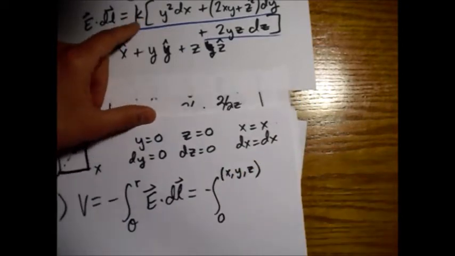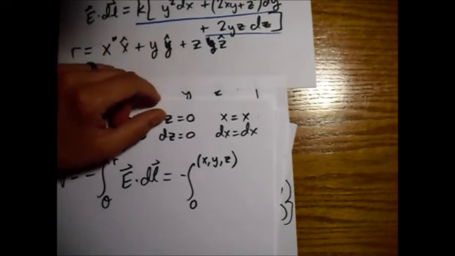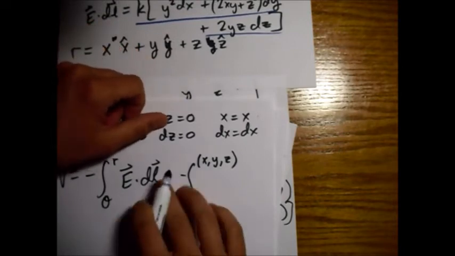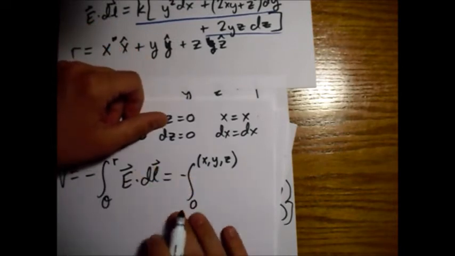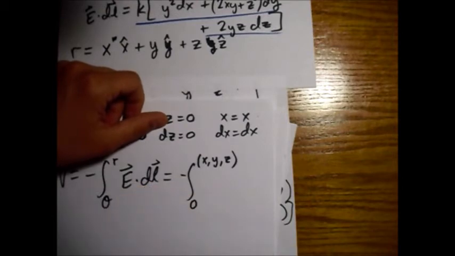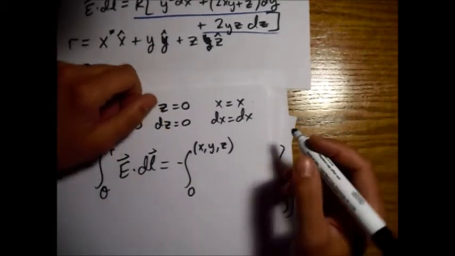Again, Griffiths kind of suppresses the primes on the dummy indices when he does his integrations, to not get confused with the source point, and that's kind of what we're doing here.